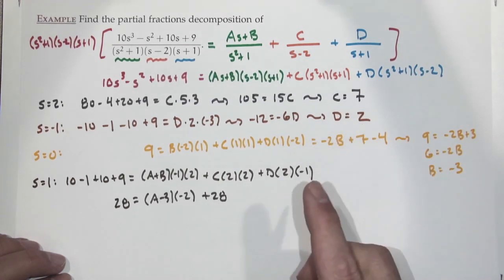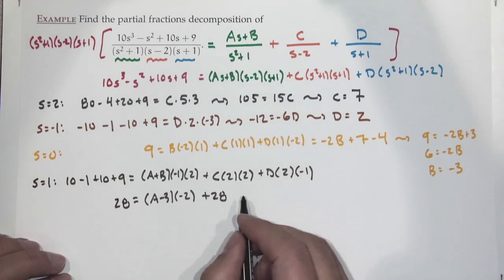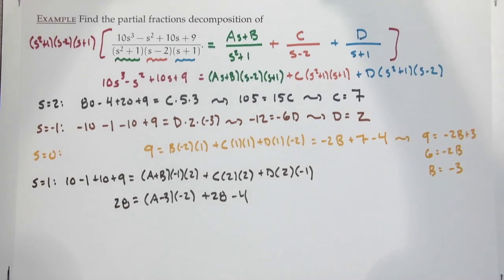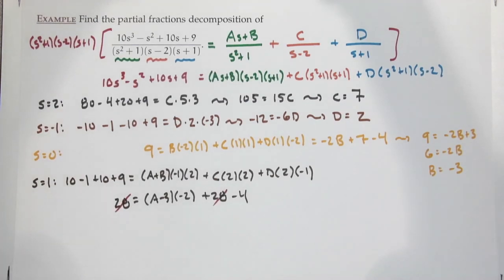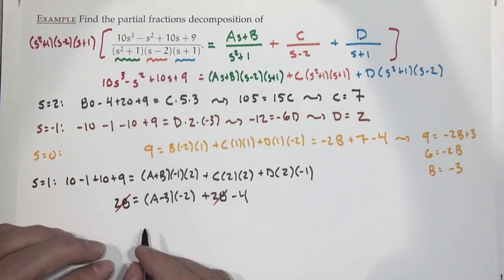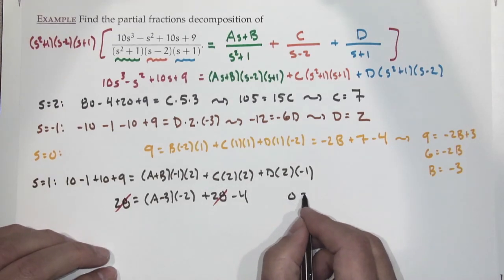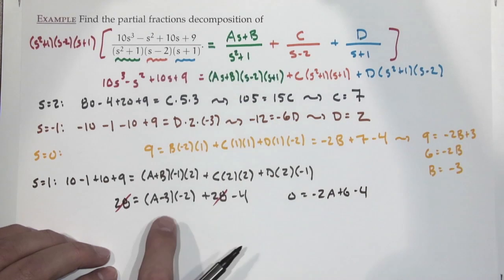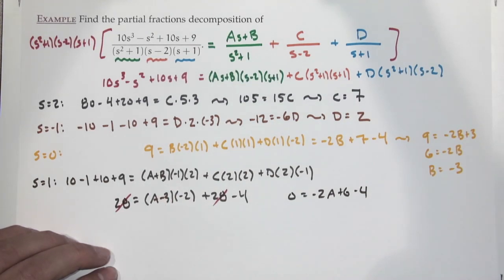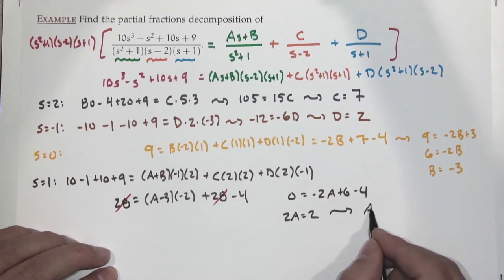And then D is 2, so we have minus 4. Well, this is kind of convenient. The 28s cancel. So that says 0 equals minus 2A plus 6 minus 4. I'm just distributing the minus 2 through. Or 2A equals 2. So A equals 1.